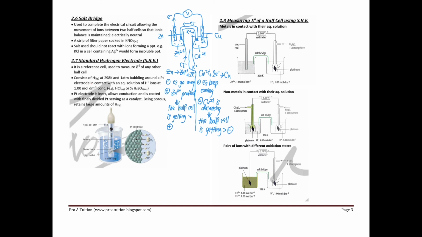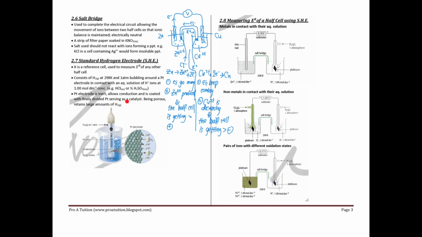Okay, so why platinum? Now they explain it here. Platinum as the electrode. So why? The platinum electrode is inert, allows conduction, and is coated with finely divided platinum, serving as a catalyst.